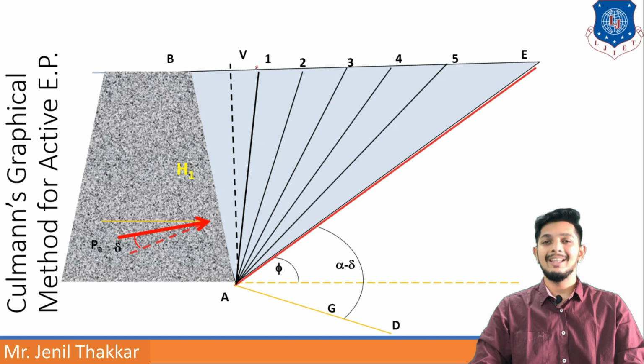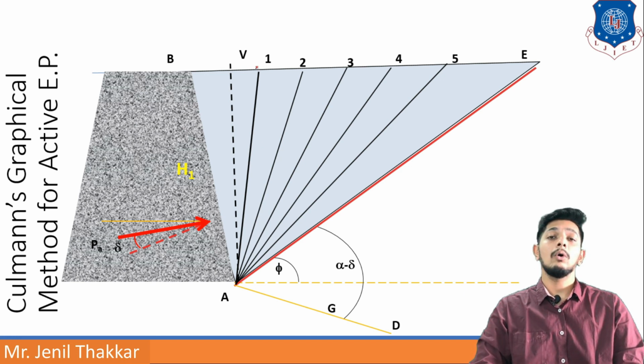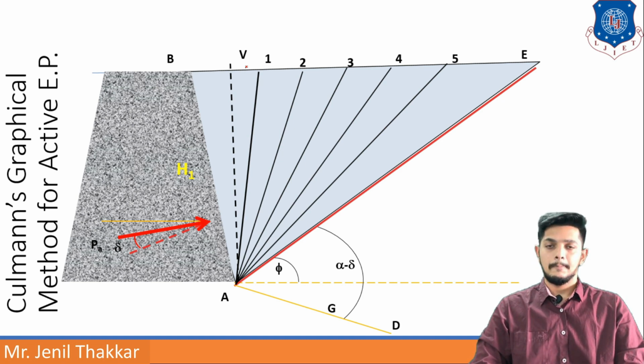There is one wedge. So I will draw one arbitrary plane A1 and calculate its weight. After calculating its weight, I will draw 5 wedges of the same weight like A12, A23, A45 and A5E, like this.